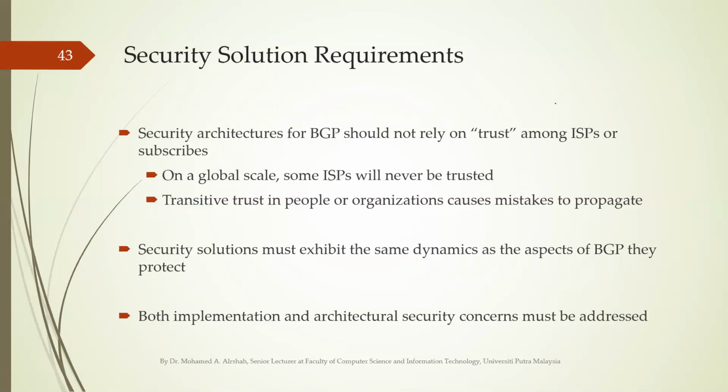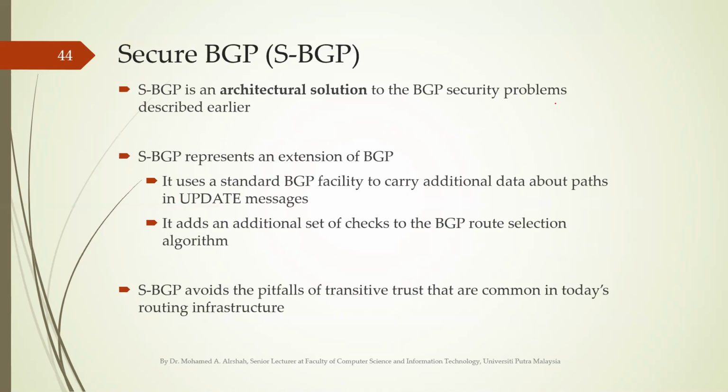Transitive trust in people or organizations causes mistakes to propagate. The other point: security solutions must accept the same dynamics as the aspects of BGP they protect, and both implementation and architectural security concerns must be addressed.